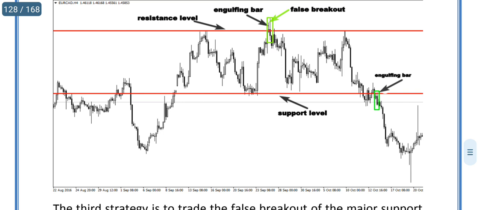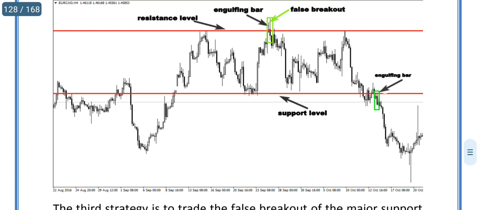On approaching the previous support level, we see a breakout and the formation of an engulfing bar, which is also bearish, indicating a market continuation downwards.